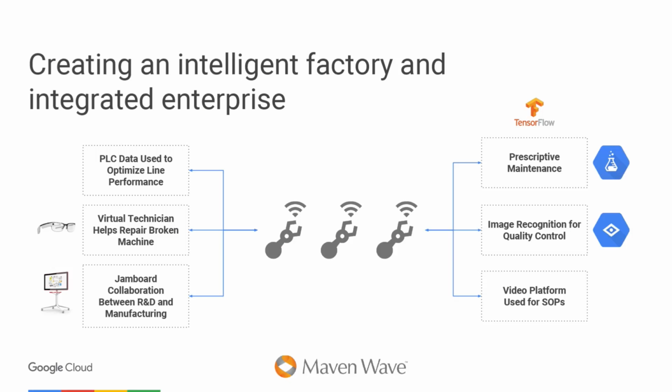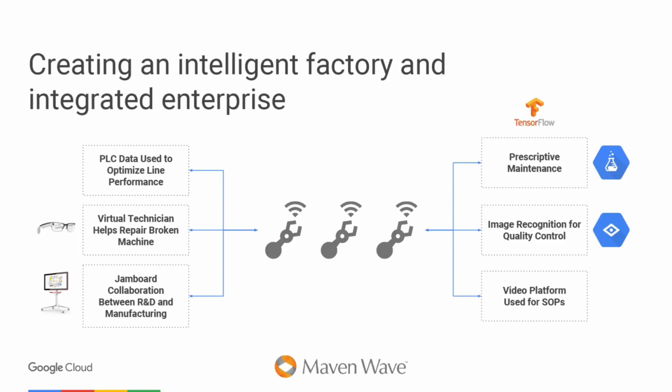Let's look at another example. This is an example from our partner Maven Wave. So here we've looked at how can our partners working with a number of manufacturing customers leveraging Google Cloud to weave a number of technologies like machine learning for prescriptive maintenance of the shop floor machines, or machine learning for image recognition, for quality control.